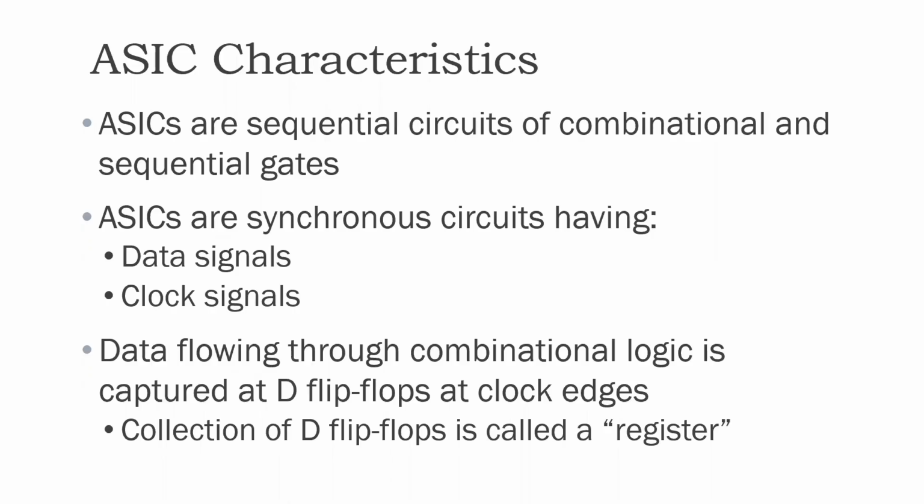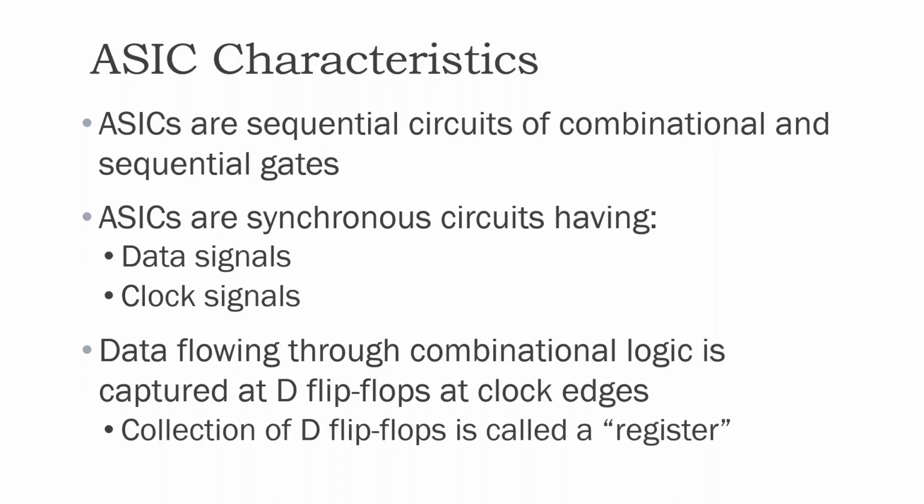ASICs are synchronous circuits, and as such, they have data signals and clock signals. The clock signals are what synchronize the operation of an ASIC. The way an ASIC is architected involves data flowing through combinational logic, and then the output of combinational logic is captured at D flip-flops at clock edges.